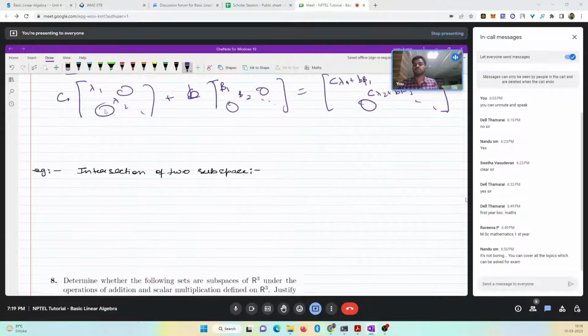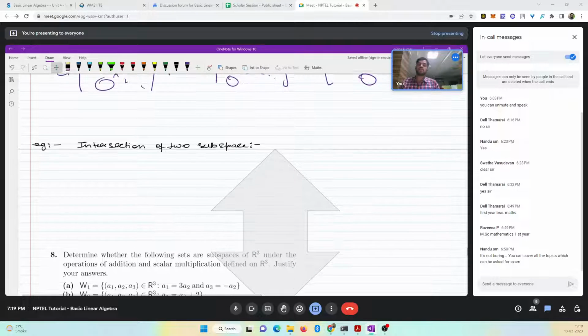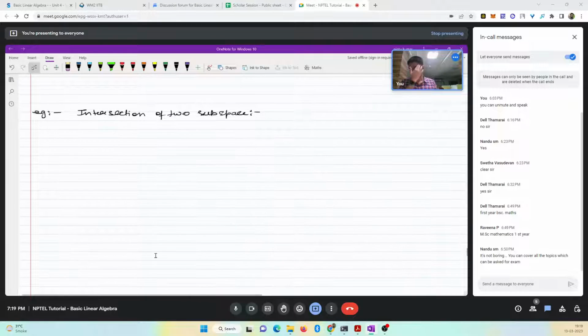Now we'll do a proof, I would say. This is a theorem, but I posed it as an example. Let's try to do this.